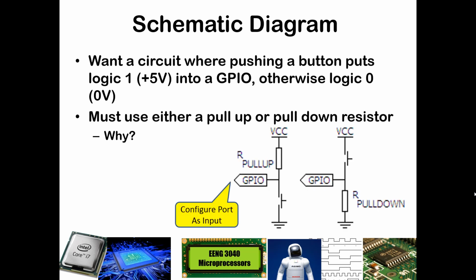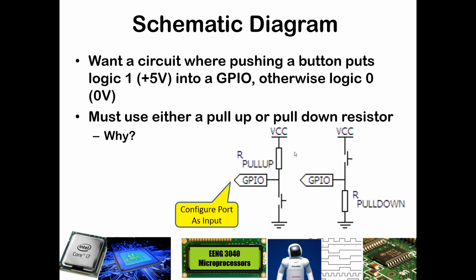Here are a couple different schematics, and they involve pull up or pull down resistors. Depending upon how you want to read from that switch, you will need to connect one of these two ways. If you have a pull up resistor, as seen on the left hand side here, this rectangle is indicating a resistance, might be a 1K or 10K resistor.